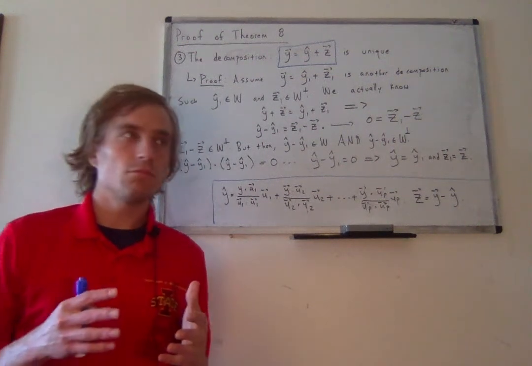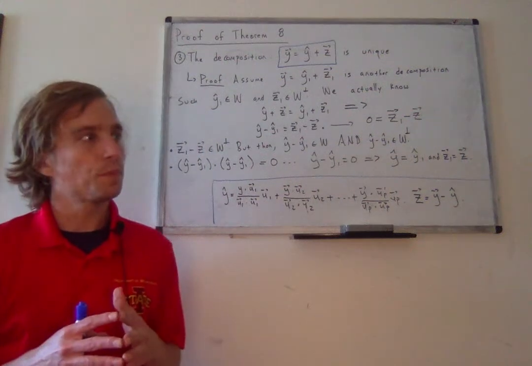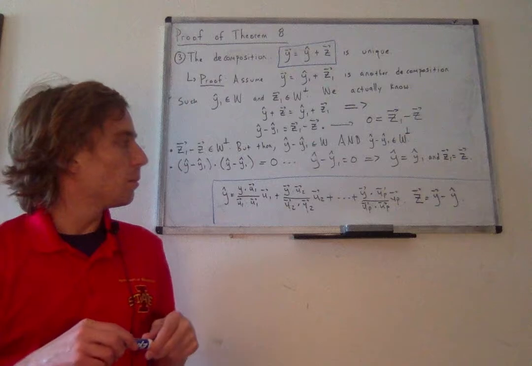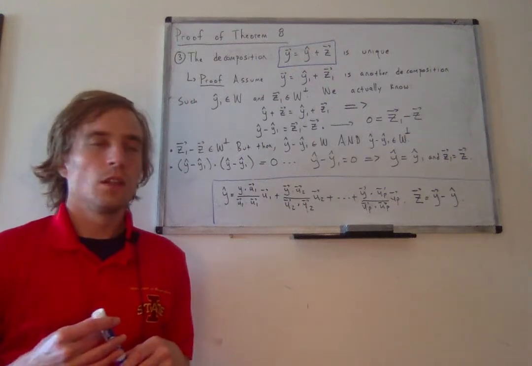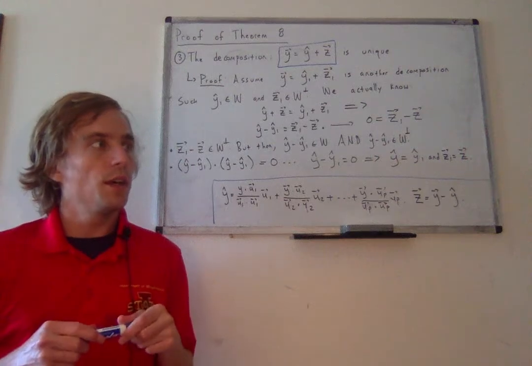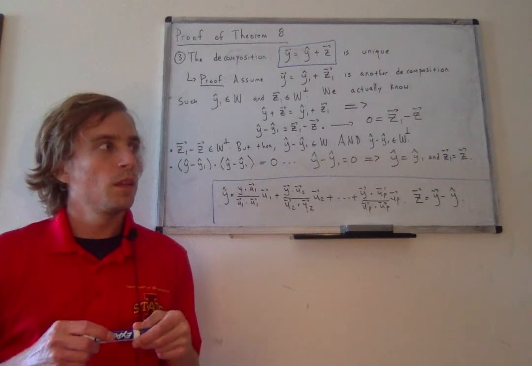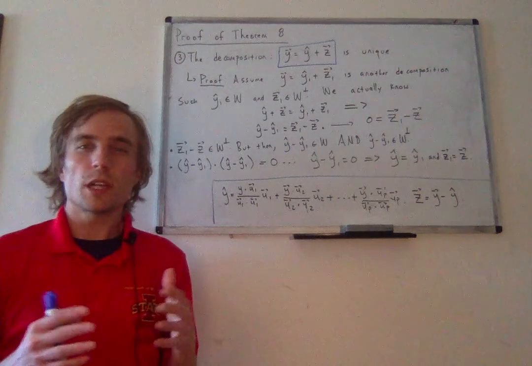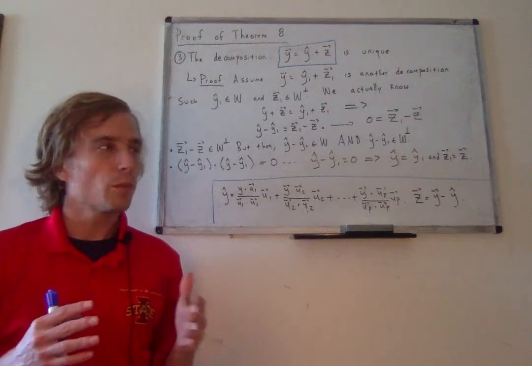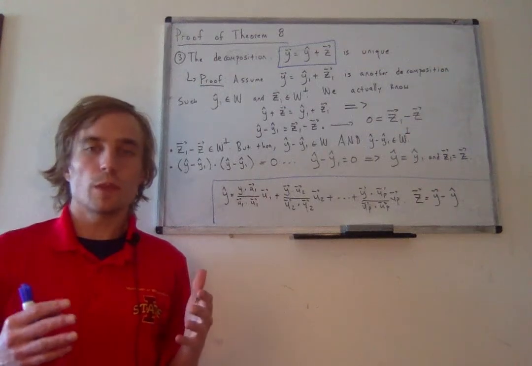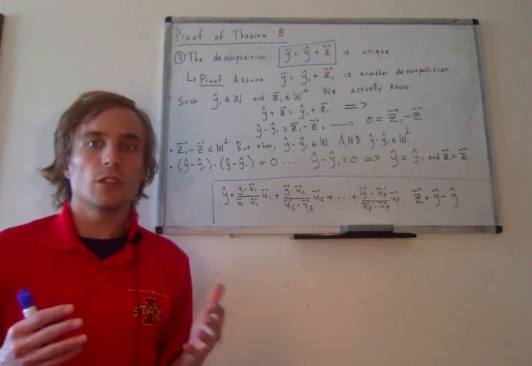Maybe except in a weird scenario, but you'd expect this decomposition to be unique. I can think of maybe a few examples where there might be, but for a lot of vectors, you'd expect that there would be a closest vector in W to y.